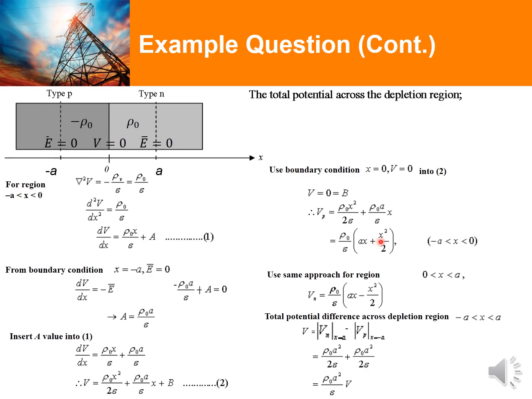As such, we would eventually get the term to be negative rho naught a squared divided by 2 epsilon. So the potential obtained earlier minus the potential here gives us the potential difference between these two points at the edge of the depletion region. Eventually, we will get V is equivalent to rho naught a squared divided by epsilon volts.